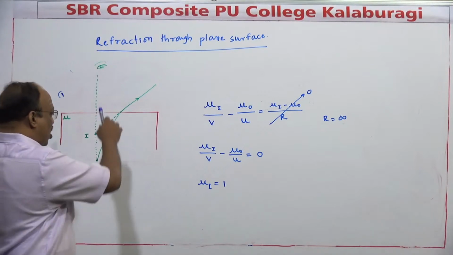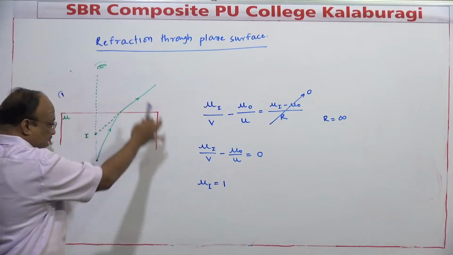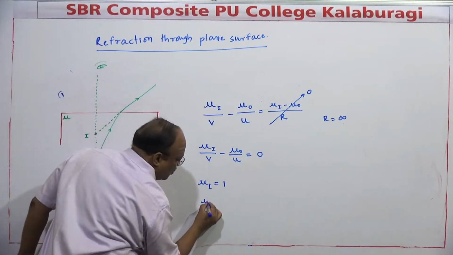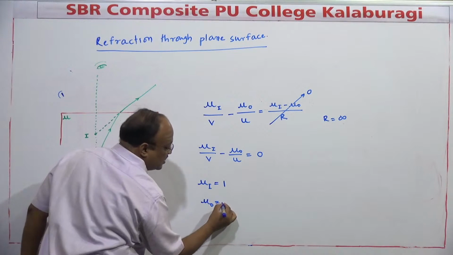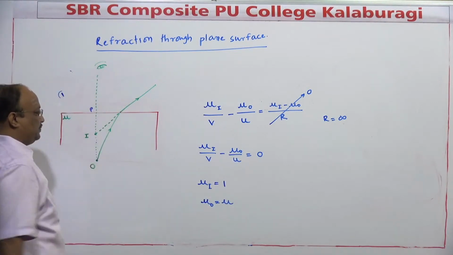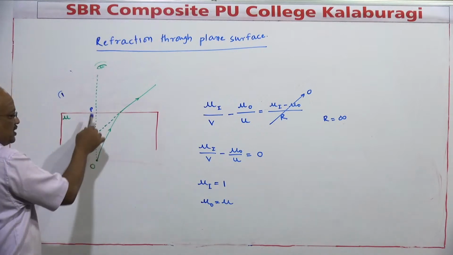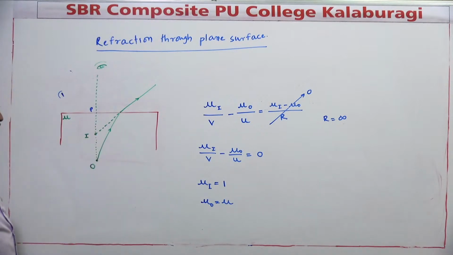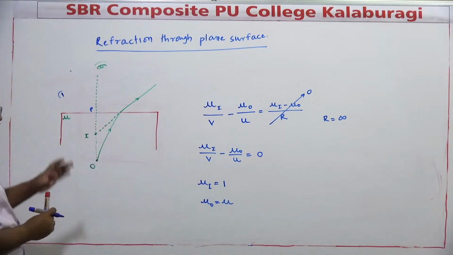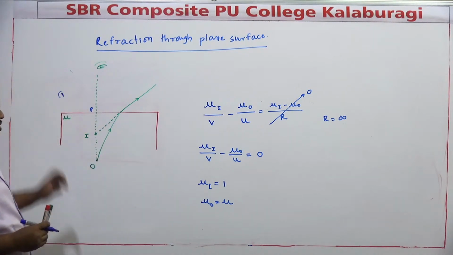The object is in the denser medium of refractive index mu, so mu O is mu. If this is our P, this PI is our image distance.